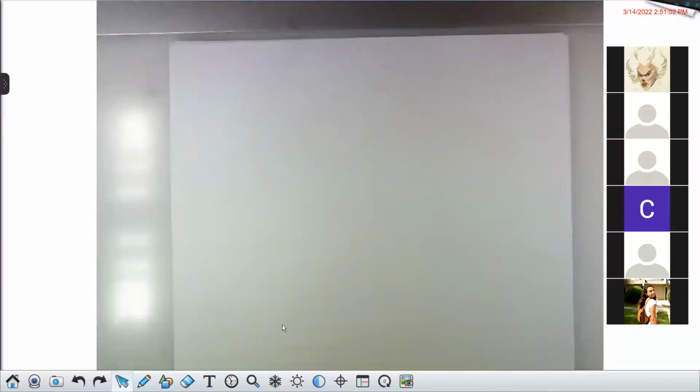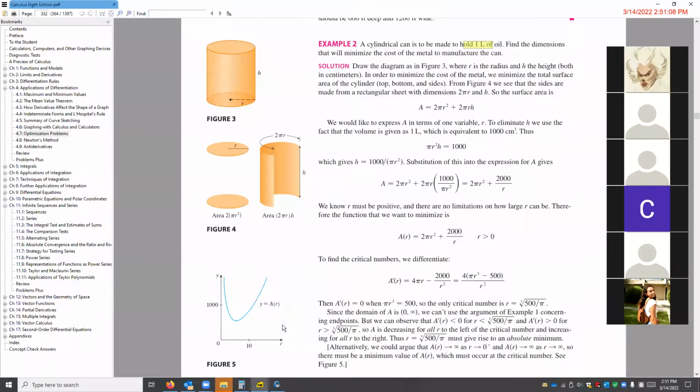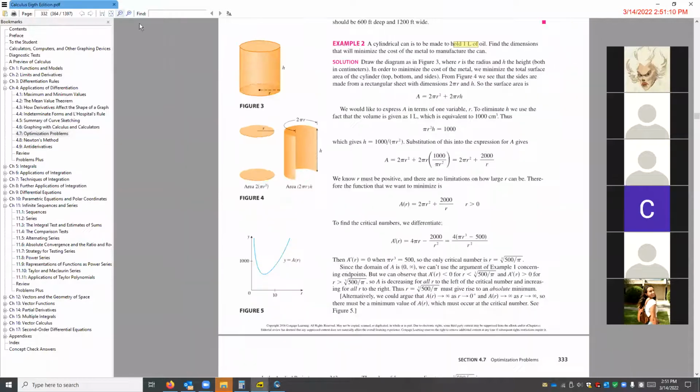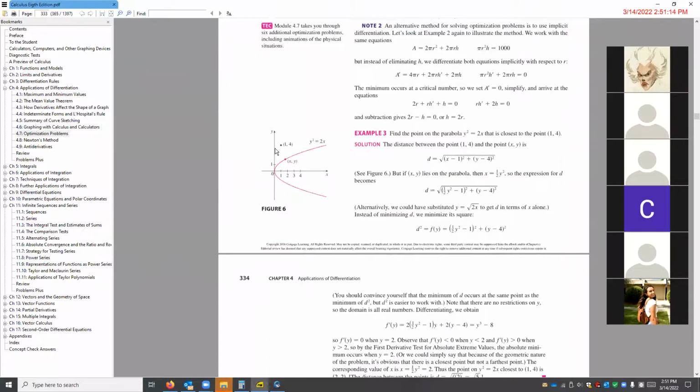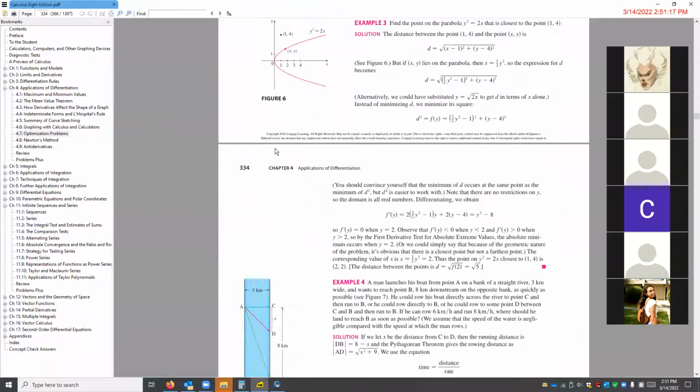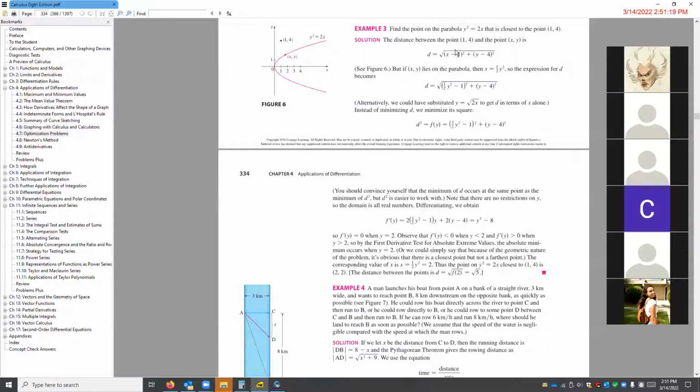Not every optimization problem is a real world thing. There are some very fun optimization problems that are purely geometric. Yeah, this is fun. So like example 3 here, find the point on the parabola y squared equals 2x that is closest to the point (1, 4).